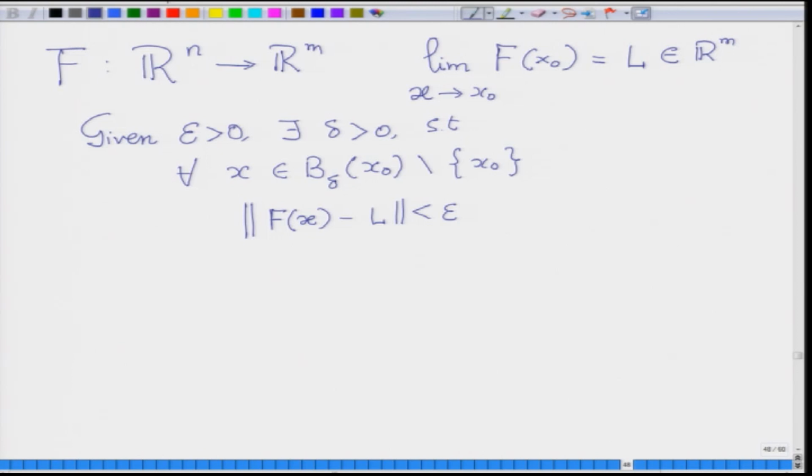Similarly, you can talk about continuity of this class of functions, which I am not writing down because you can write it down. For continuity, the same story will come: the limit of F of x as x goes to x naught must be F of x naught, that is, F must be defined at x naught.